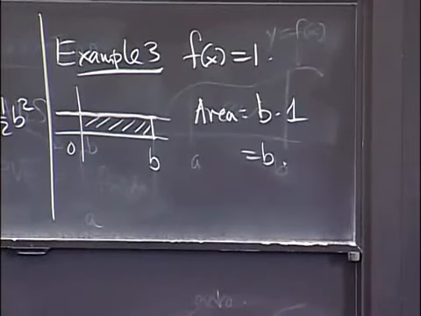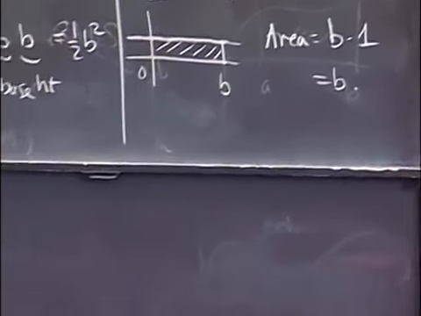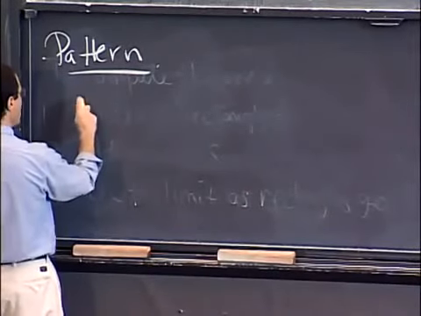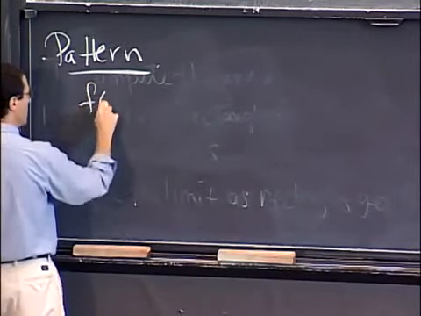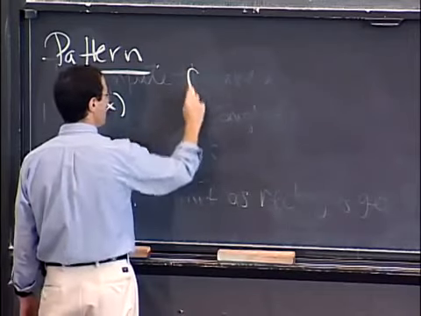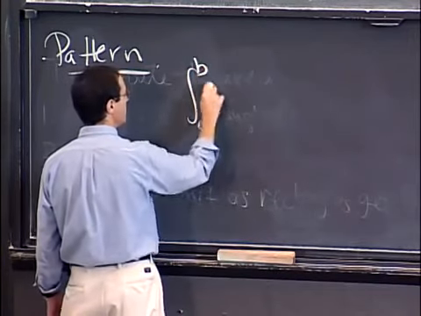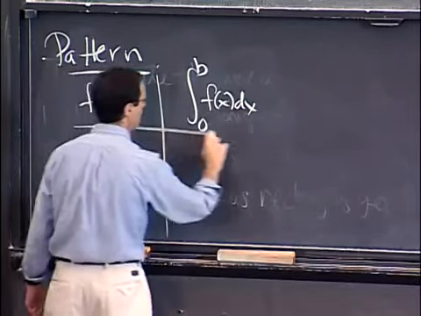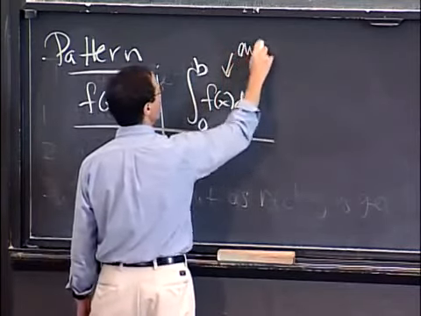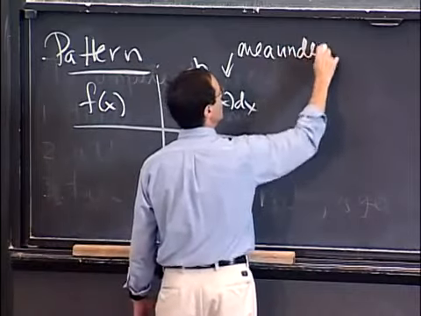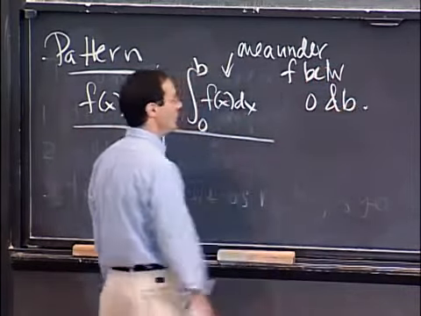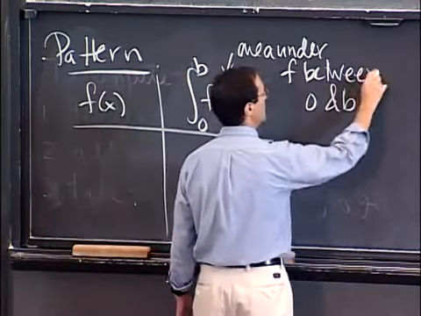Let's look now at the pattern. We're going to look at the pattern of the function, and the area under the curve, which is this, between 0 and b.